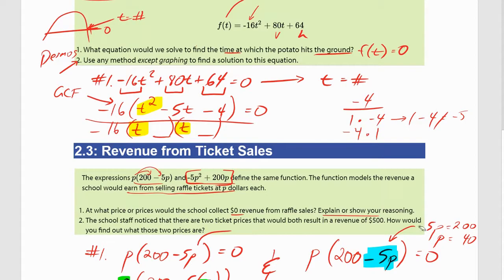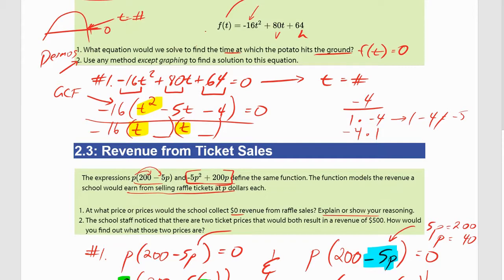There we go. So if you plug in 40, you get 40 times the 200 minus the 5p, which is 40. You end up getting 200 minus the 200 times the 40, which is a funny way of just saying 40 times 0, which is 0.